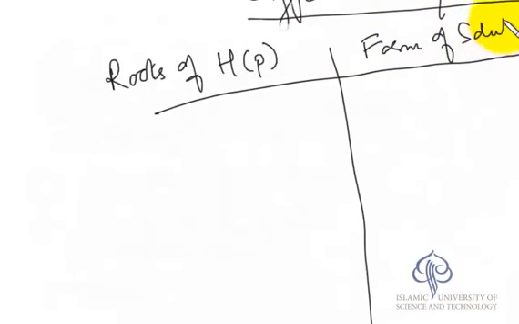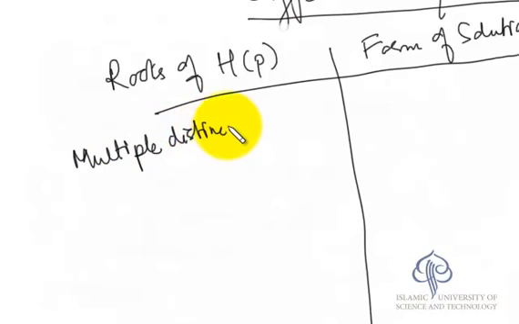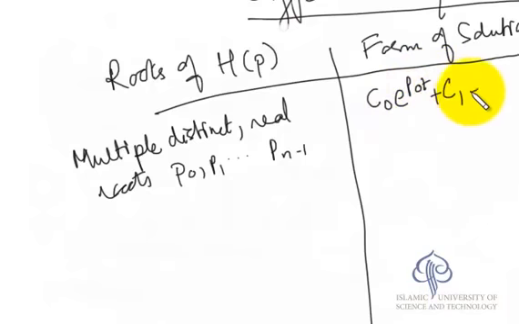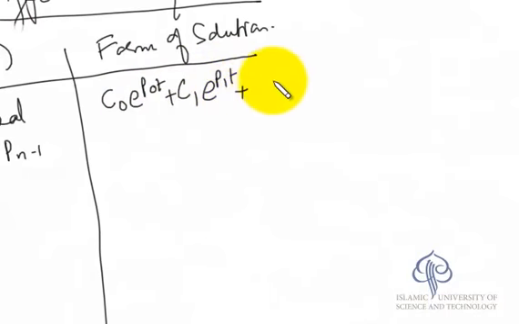We have already seen that if your roots are multiple distinct real roots, p0, p1 up to p(n minus 1), then the solution is c0 e to the power p0t plus c1 e to the power p1t plus up to c(n minus 1) e to the power p(n minus 1)t.